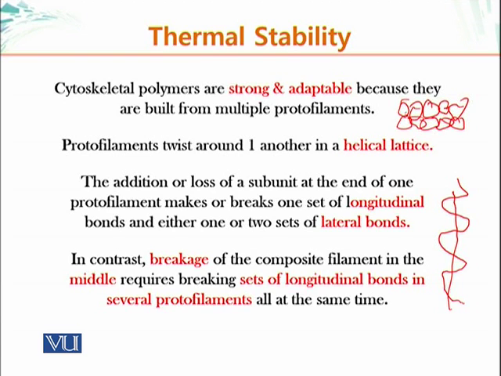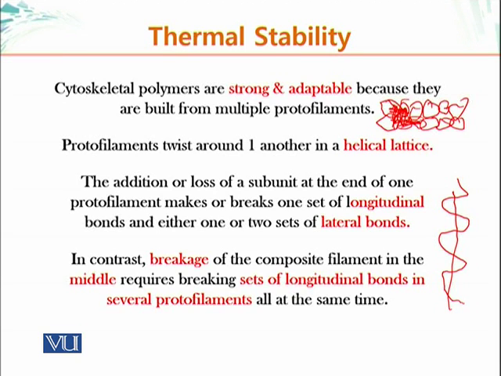So this is the lateral association, and this is the longitudinal association. If we are to add a subunit here, it will result in formation of either a longitudinal bond or binding force, or if we were to add another subunit here, it will form a lateral and also longitudinal interaction with the existing polymer.